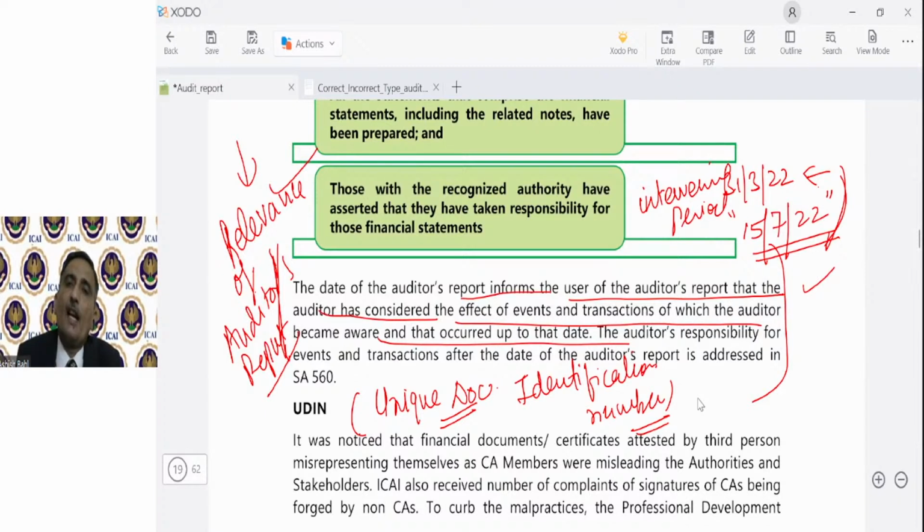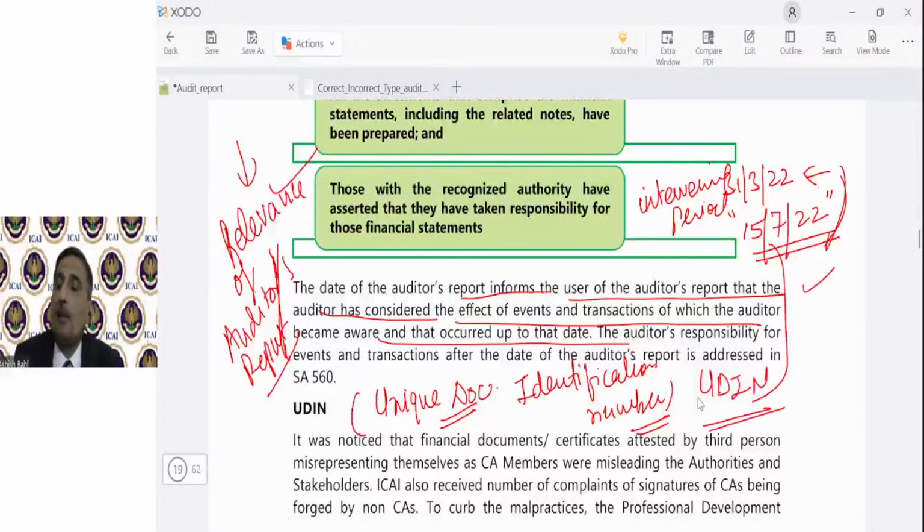If it is an audit, under which act, whether under the Companies Act or some other act. After submitting this information, an OTP comes on the mobile and registered email ID of the member, as registered in ICAI records. After verifying that, a unique document identification number, UDIN, is generated.